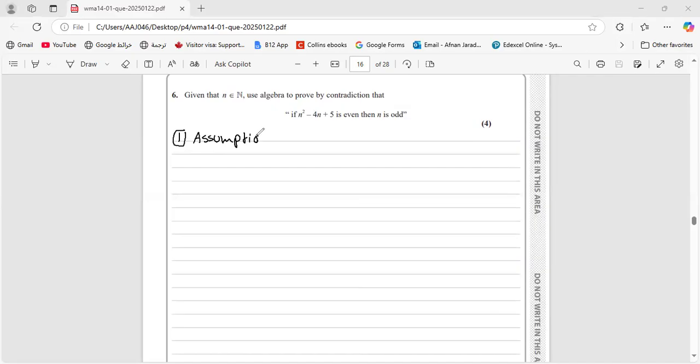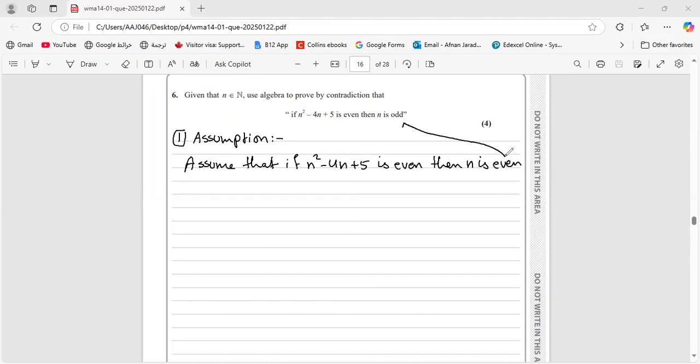Assumption, to assume the contradiction of the statement. So if n squared minus 4n plus 5 is even, then n is even. The contradiction of this one, okay? So n is even.